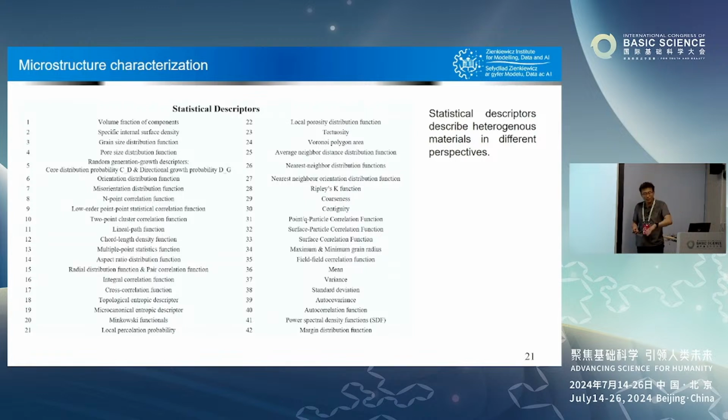So we have many of these descriptors. Some of them have mathematical equations, but in reality, you only have about a few dozen with descriptive equations, and the other 100 plus have no equations at all. How they are defined is basically an algorithm.